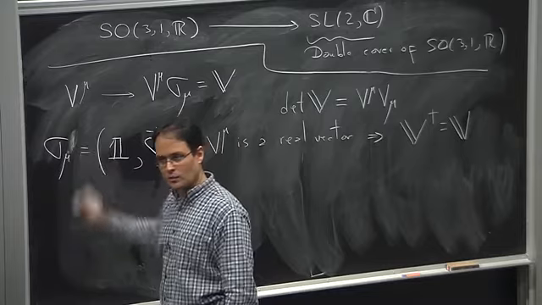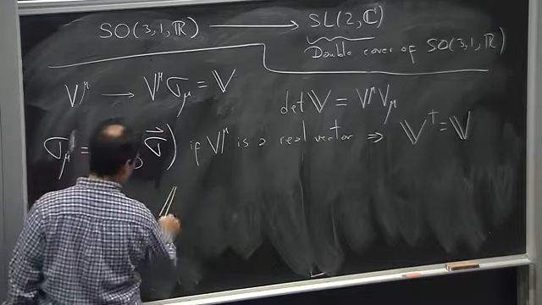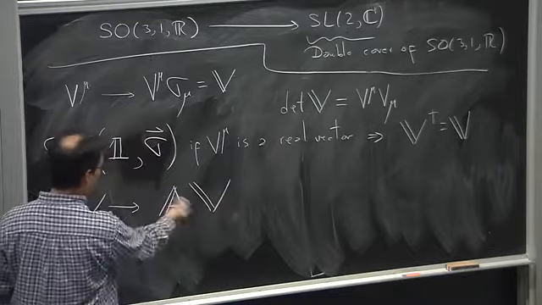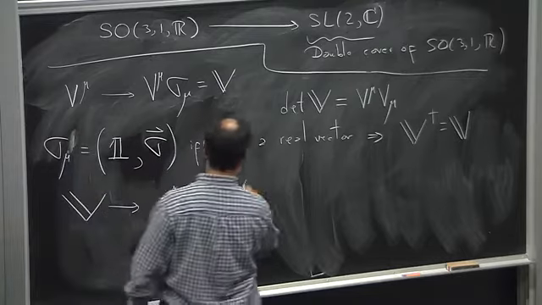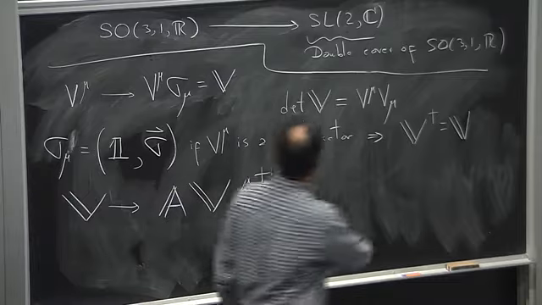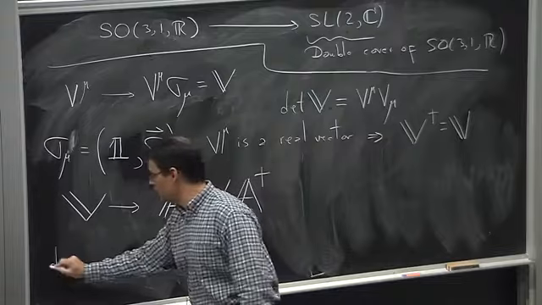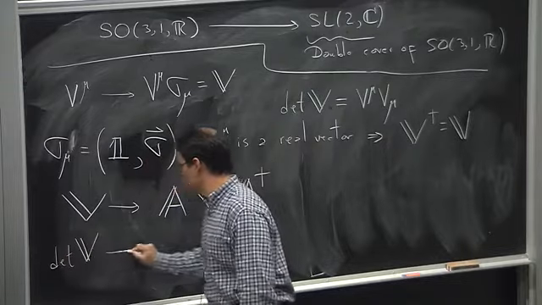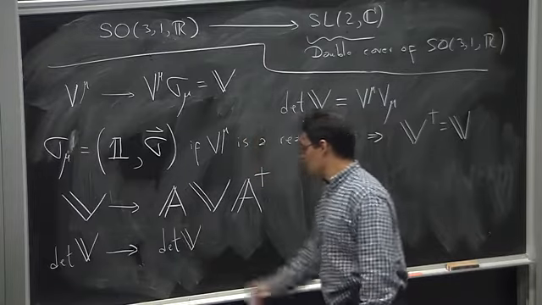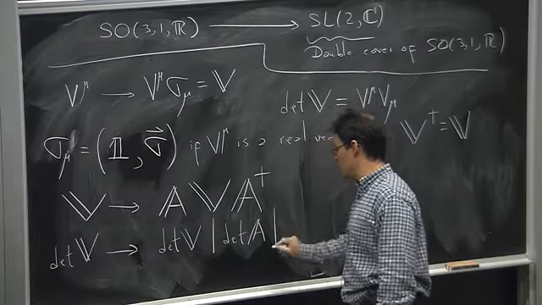So if we want any transformations applied to our matrix, we want a transformation that preserves the property that the new object is Hermitian. So we're going to have something like this. Okay? But we want a transformation that preserves the determinant of B. So under this transformation, the determinant of B goes into the determinant of B times the absolute value of the determinant of my matrix A squared.